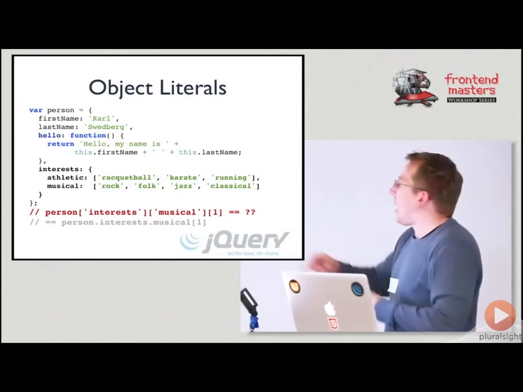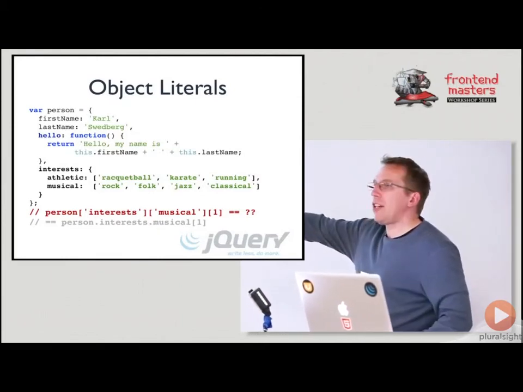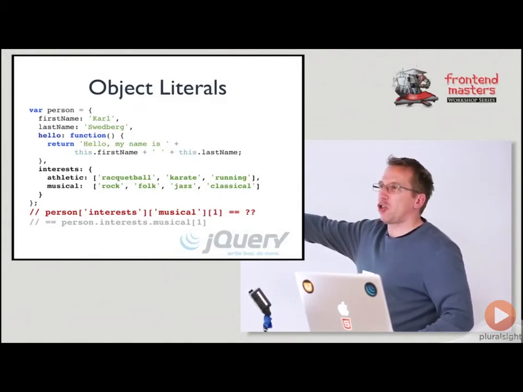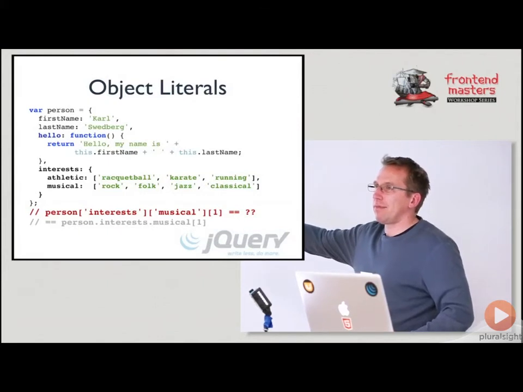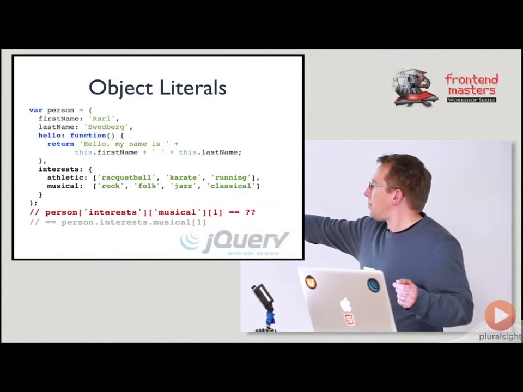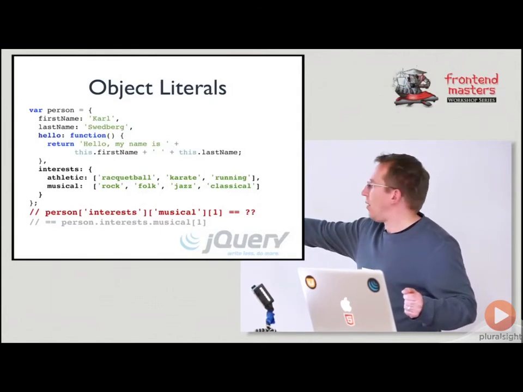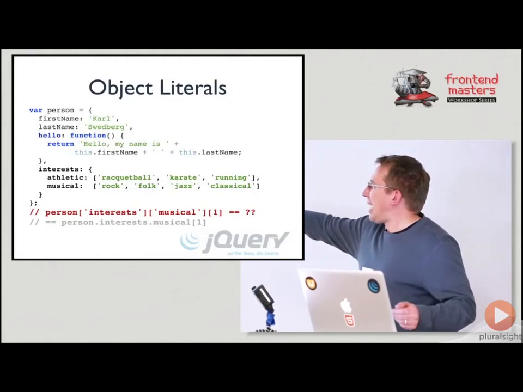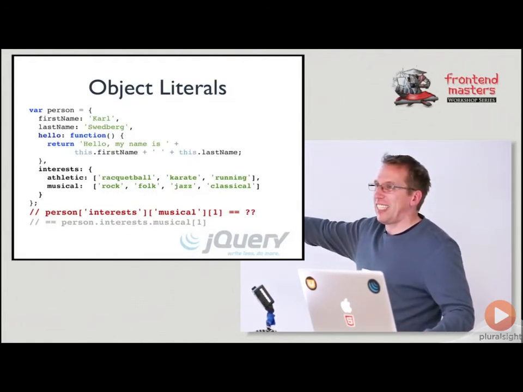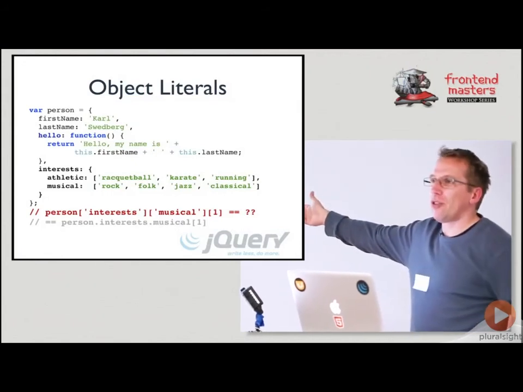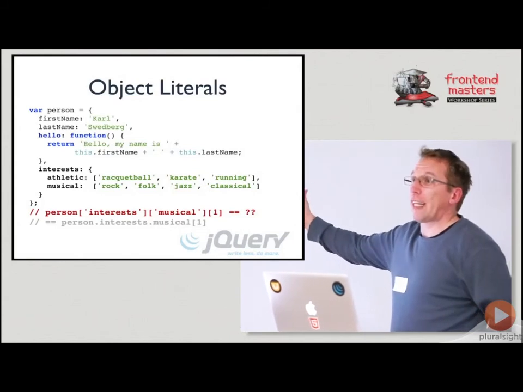When you're using the array notation and you're referring to something that's a string, like alphanumeric characters, then it has to be in quotes. It can't be in quotes if it's just dot notation. If it's a number, it's not in quotes, because numbers aren't in quotes. Strings are.